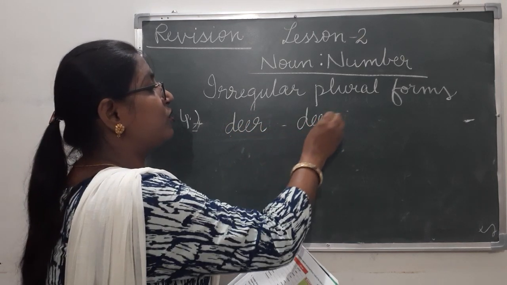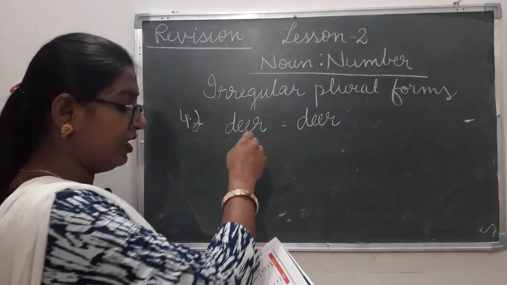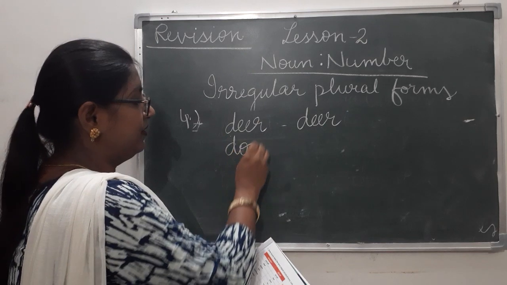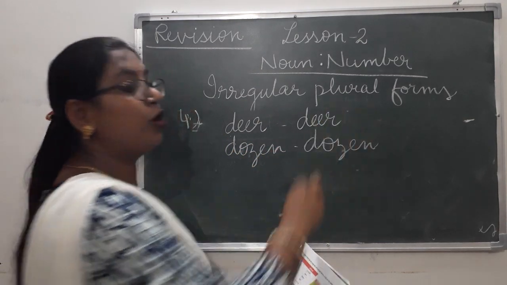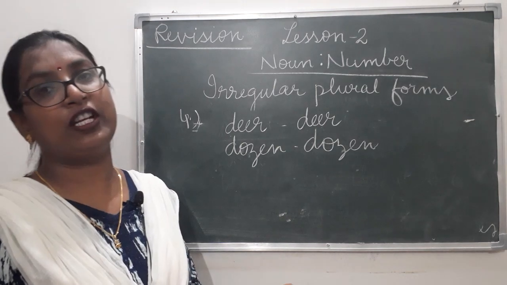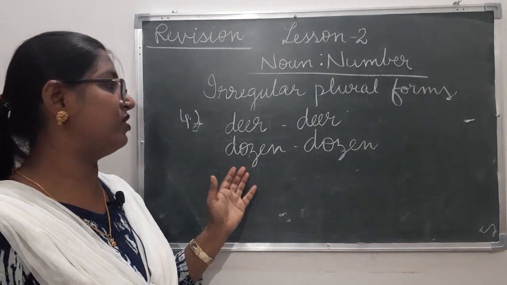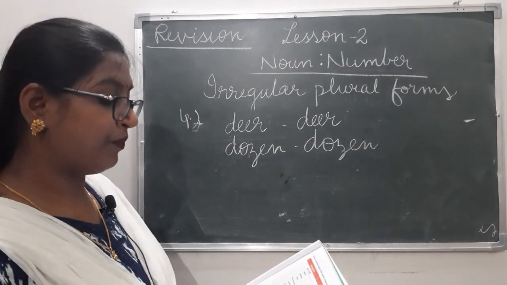Its plural is also deer. It remains the same. Then dozen. It remains the same in its plural form also.